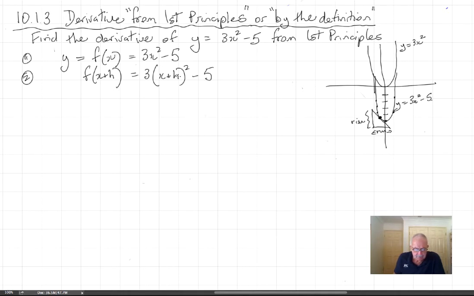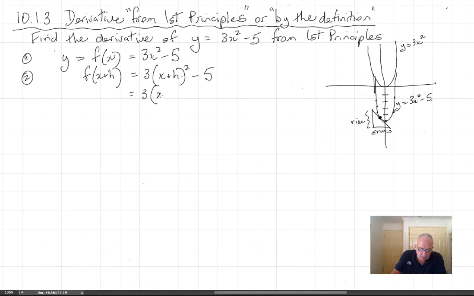Now, what do we do first? Do we do the times 3 or the square? Well, going back to BIDMAS, we've got brackets. So we're going to expand the brackets first, and index comes before multiplication, so we're going to use the squared. So we're going to do x plus h squared, so it'll be 3 times. Now x plus h squared is going to give us 3 terms.